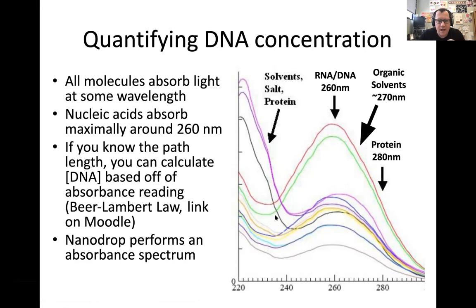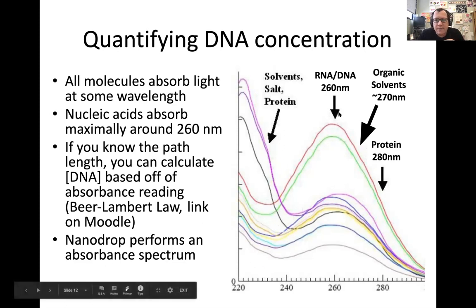It can do some other stuff, but DNA and RNA, because of their chemical structure, they absorb light around 260 nanometers. Okay, so that's showing up here. So what the spectrophotometer does is it measures how much light gets absorbed at these wavelengths. So we go from around 220, I think, to around 300 nanometers.